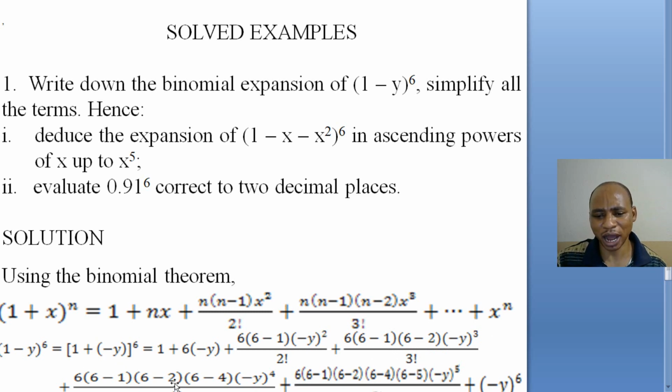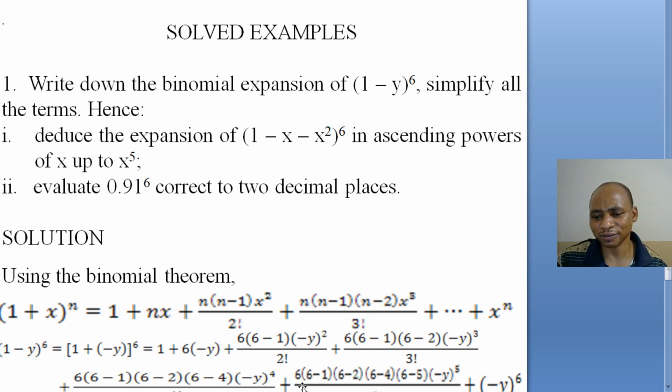Then all plus 6 times 6 minus 1 times 6 minus 2 times 6 minus 3 times negative y raised to the power 4 all divided by 4 factorial.